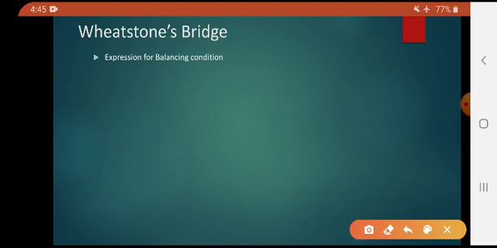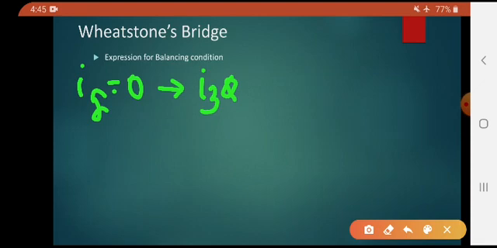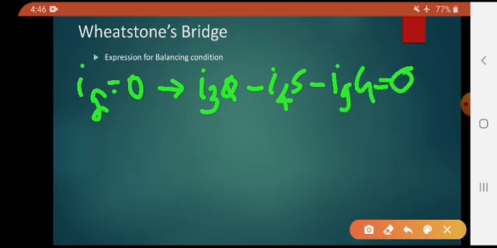Now from the second loop equation, the Ig value equals 0. So what is the second loop equation? I3Q minus I4S minus IgG equals 0. So Ig equals 0.